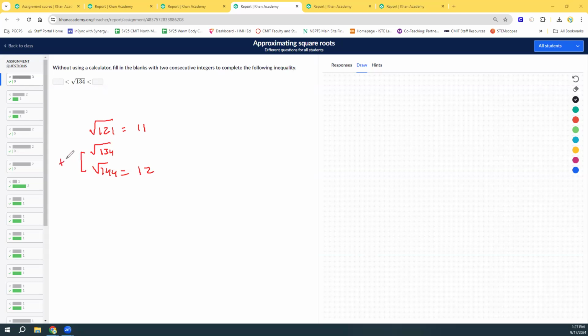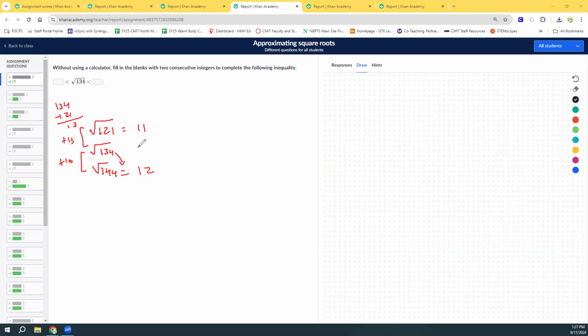So it's 10 away from 144. And then if I do 134 minus 121, how far are those numbers away? We get 13. So it's close to being in the middle, but it's a little closer to that one.